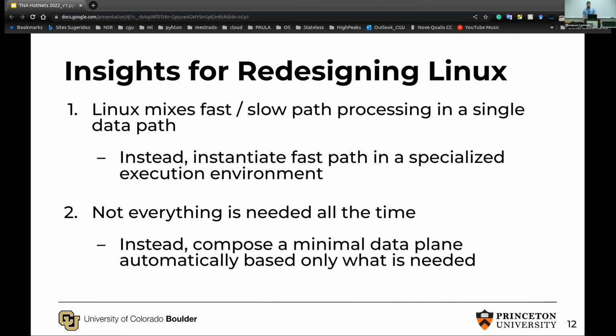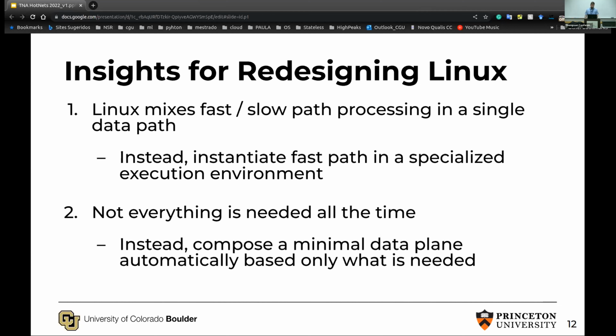With these observations, there are two key insights that lead to opportunities we can use to redesign Linux networking to make it faster. The first insight is that instead of mixing slow and fast path processing as Linux does today, we can break down Linux networking into slow and fast path processing and instantiate a fast path on a specialized execution environment.